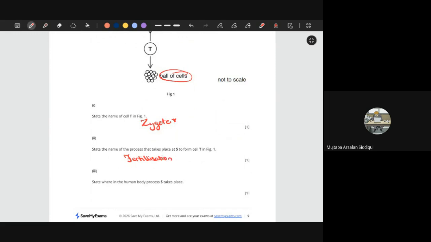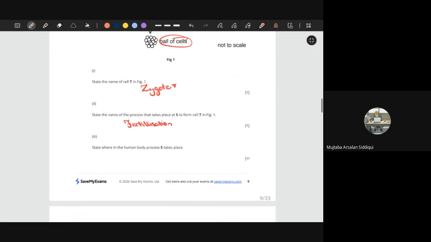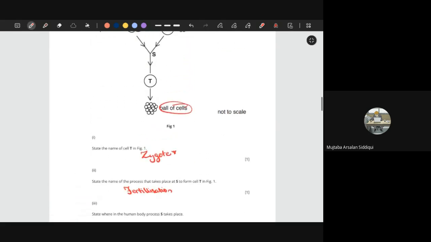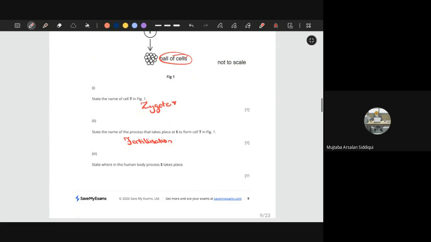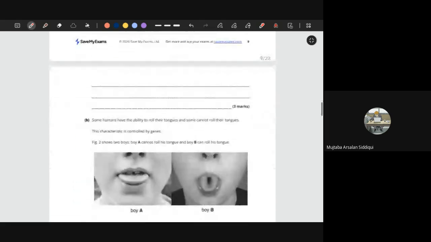Yes, I'm audible. State where in the human body S takes place. So it would be the fallopian tube. We will learn about this in our next class.